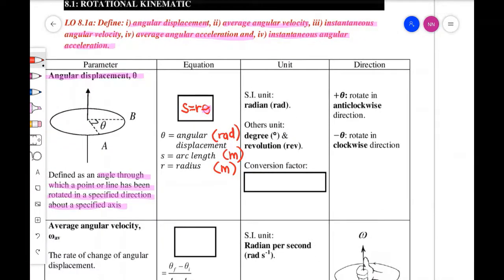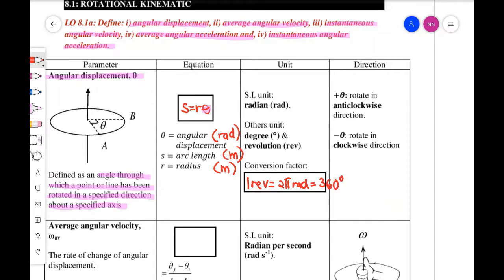Other units for theta are degree and revolution, where the conversion factor is 1 revolution equals 2 pi radian, which equals 360 degree.